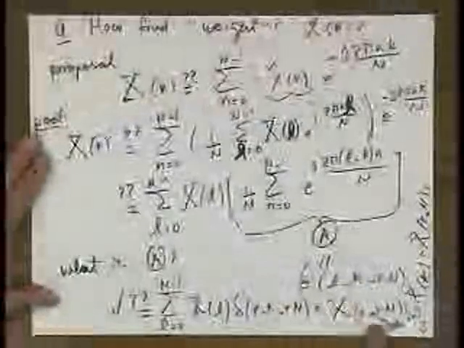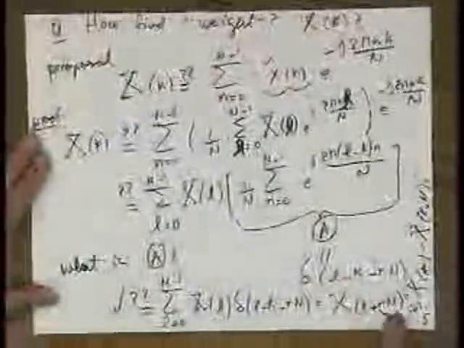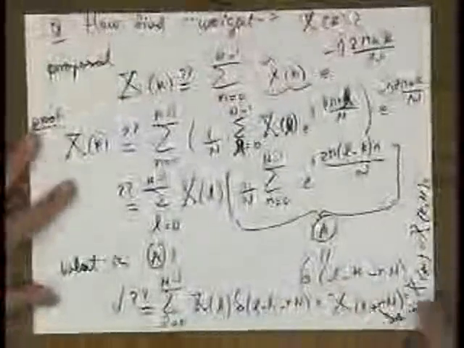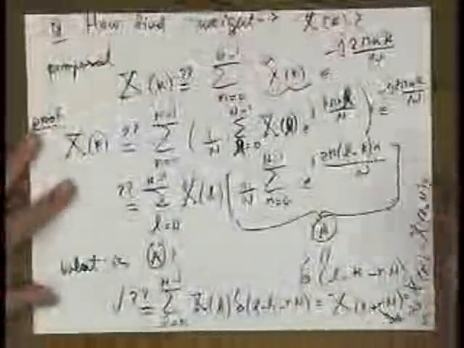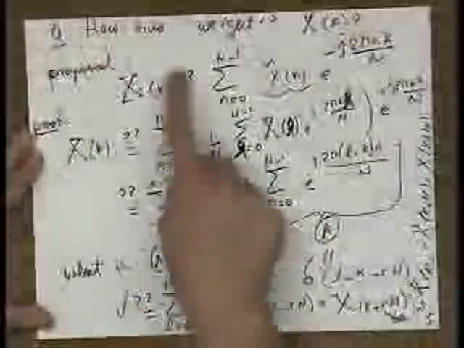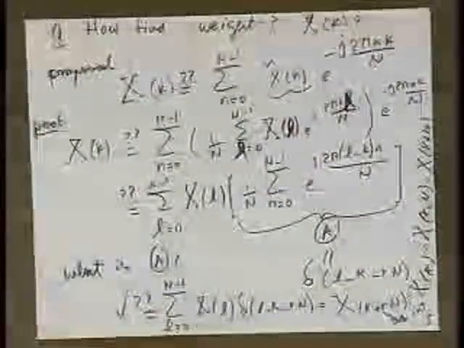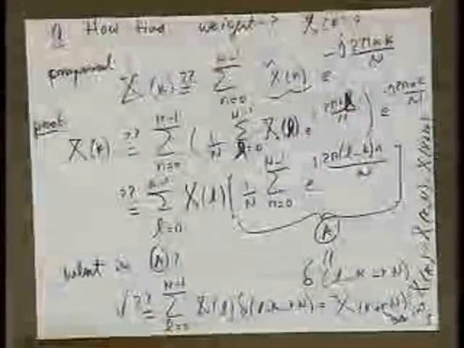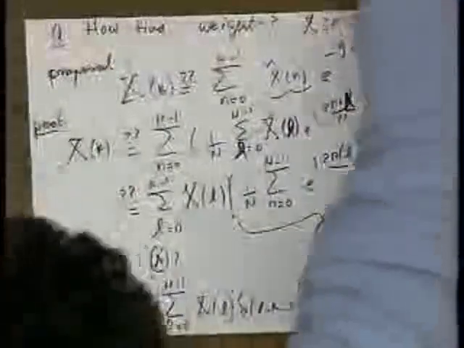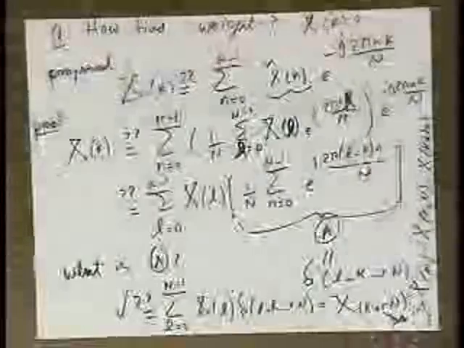So when I write x of k plus Rn, again, R is any arbitrary integer, so it's equal to x of k plus n, x of k plus 2n, etc. So not only was my proposal good, I also showed at the same time that x of k is periodic. Is that clear?